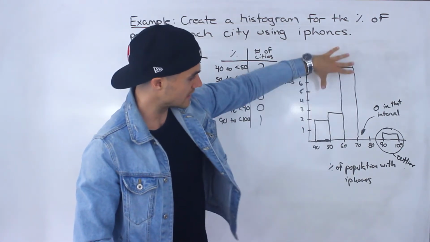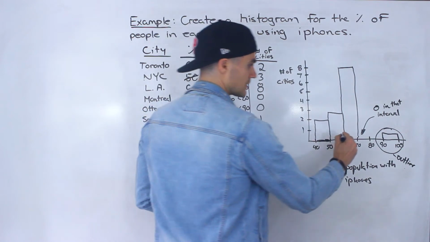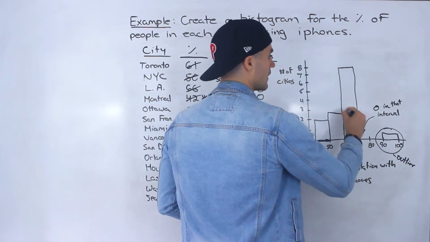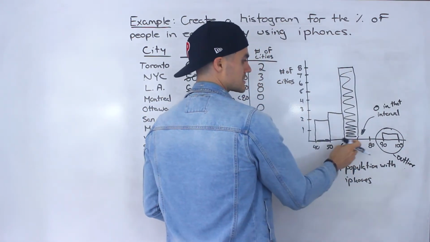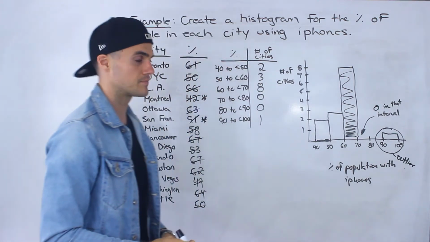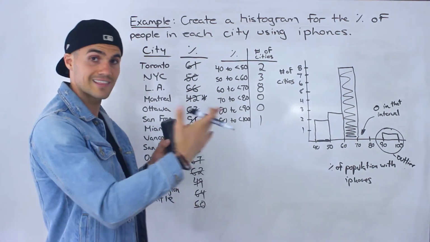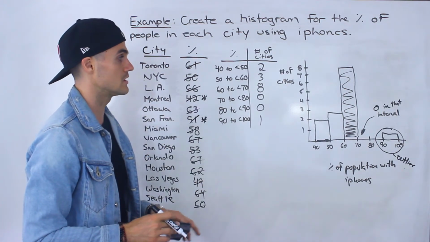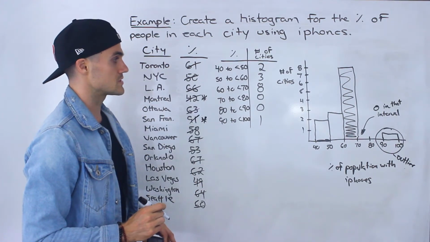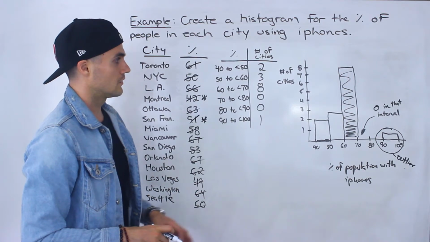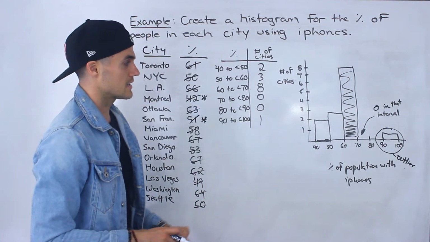Notice all the bulk of the data is here, and more specifically, most of the cities are in this interval here between 60 and 70%, right? Where 60 to less than 70% of the population is using iPhones, right? So that is a histogram.